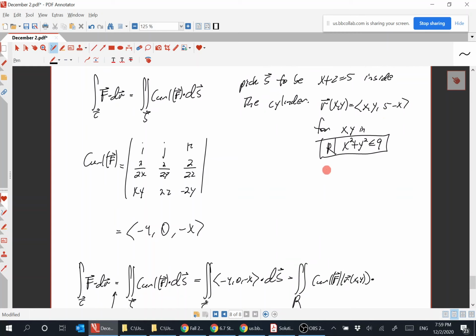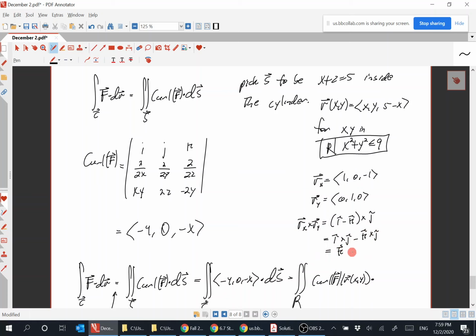rx cross ry. So here rx is equal to 1, 0, minus 1. ry is equal to 0, 1, 0. So rx cross ry is i minus k cross j. So this is i cross j minus k cross j. So this is k.